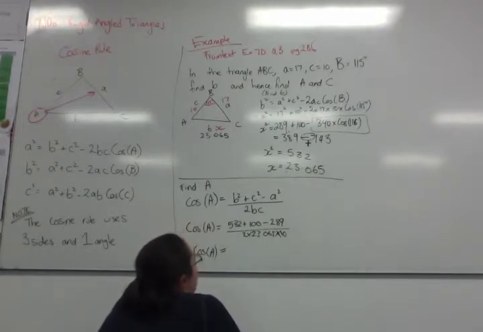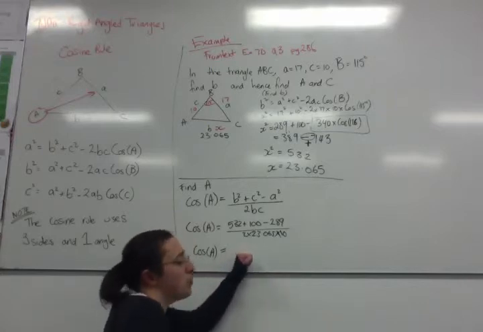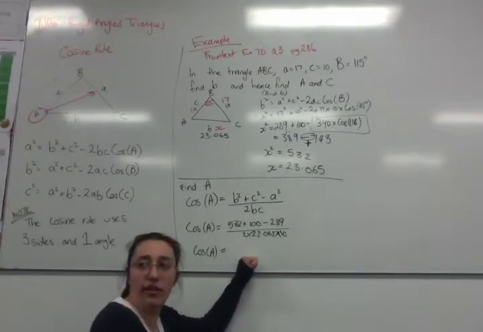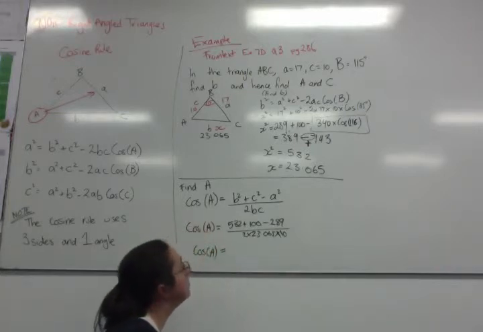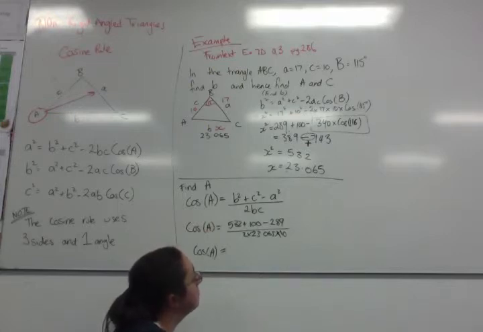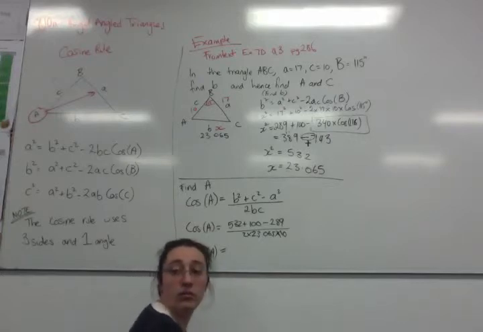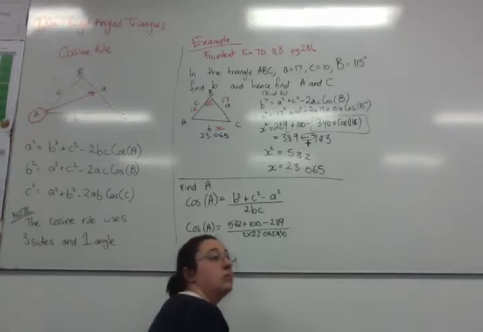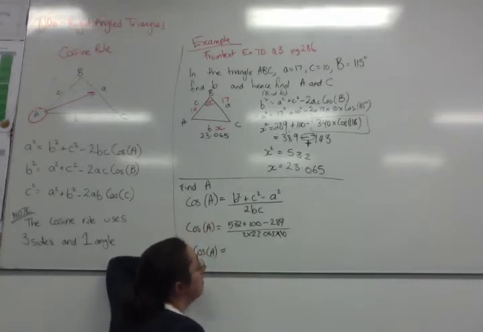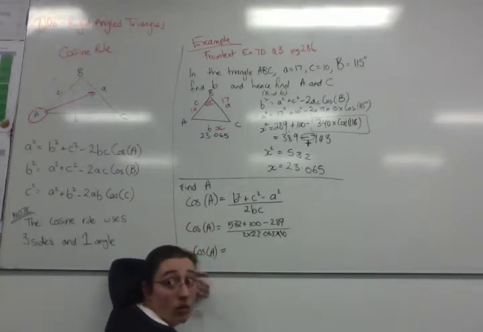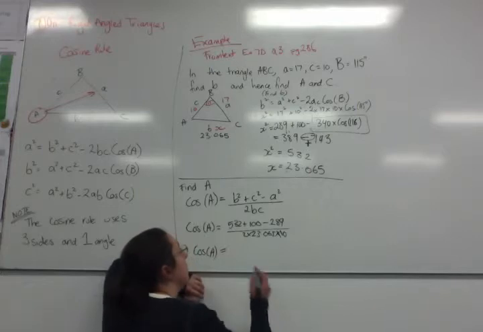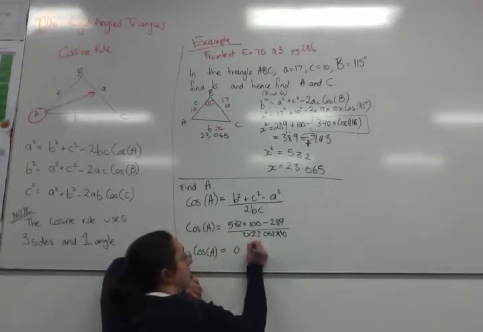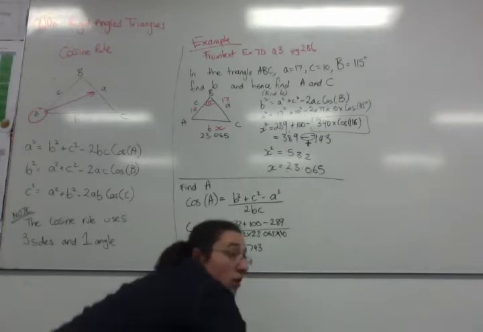Because 532 plus 100 minus 289 is not a negative number. I did 532 plus 100 minus 289 divided by 2 times 23.065. Shouldn't you do the first part first and then get the answer? We can do that. Is it 0.743?